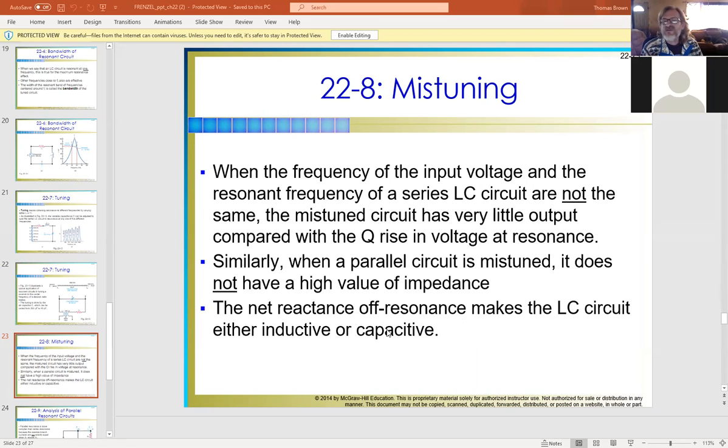In either case, it would be imbalanced, where now our X of L no longer equals our X of C, and it throws the circuit way out of whack. So it would swing either very inductive or very capacitive, depending on A, the configuration, and B, the value of the components that we're dealing with.